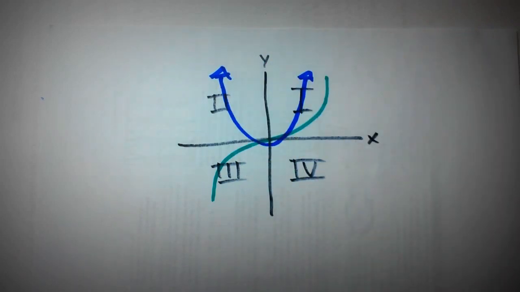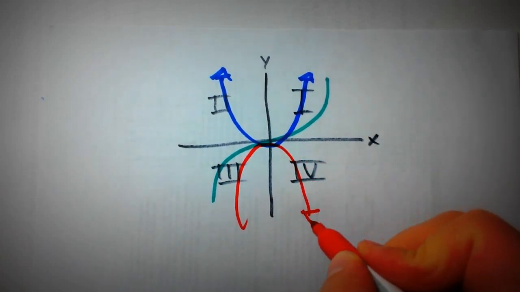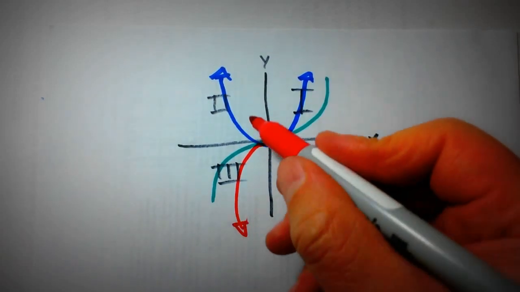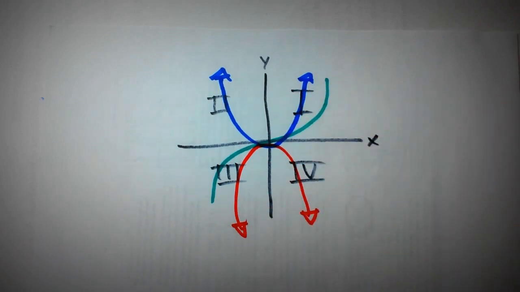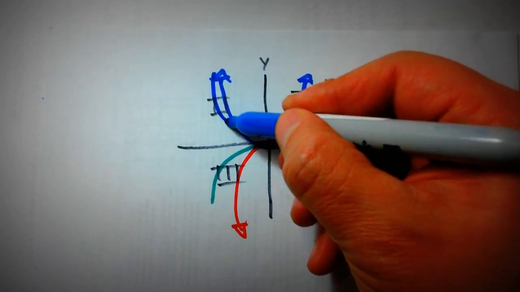And of course, if the coefficient was negative, this would change. For an even function, it will be from quadrant 3 to quadrant 4, and we would be going the other way, from quadrant 2 to quadrant 4, for an odd degree function.